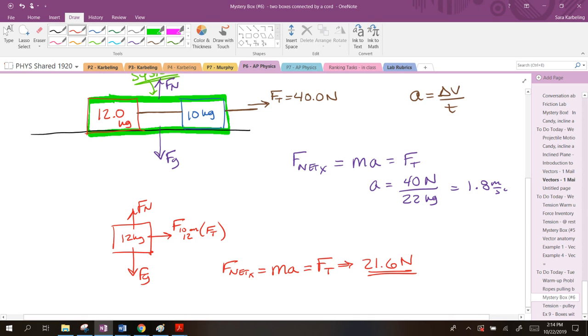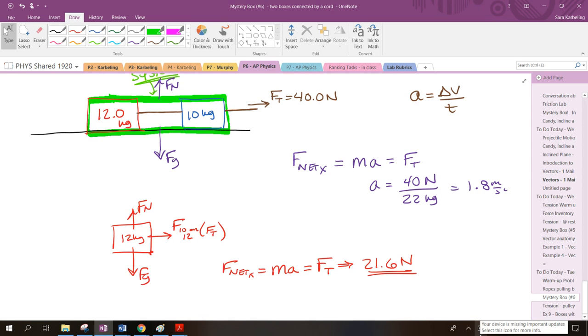The only forces acting on the 12 kilogram box are the gravitational force on the 12 kilogram box, the normal force on the 12 kilogram box, and the force of the 10 kilogram box on the 12 kilogram box. Those are the only 3 forces. That 40 Newton force is not acting on this. Does that make sense? So it's a very good question. It's an important one to ask.